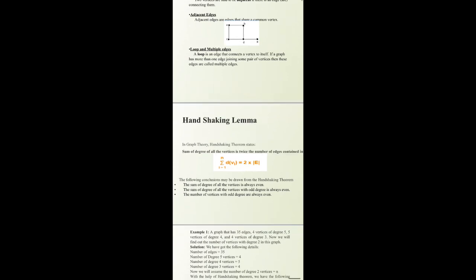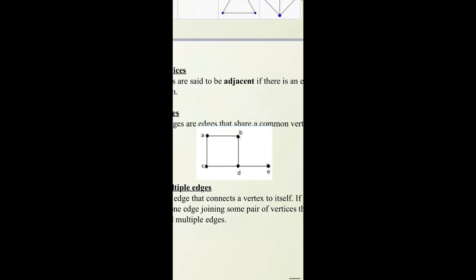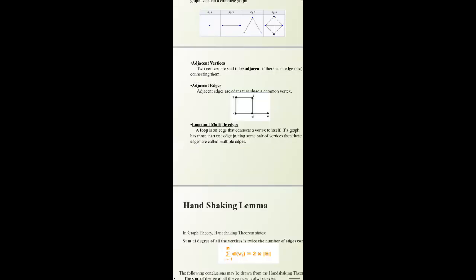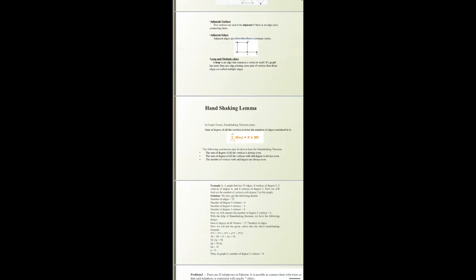Odd degree means, for example, vertex D has three edges, so this is an odd degree. The number of vertices with odd degree is always even. These are the three results which follow from the handshaking lemma.